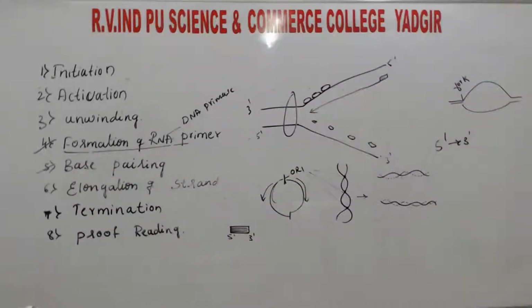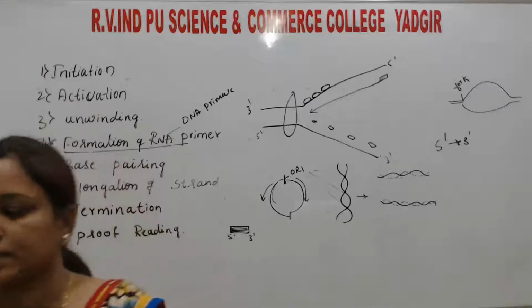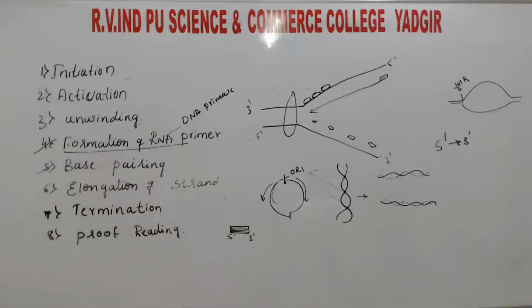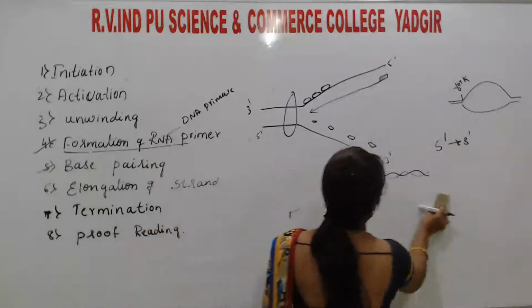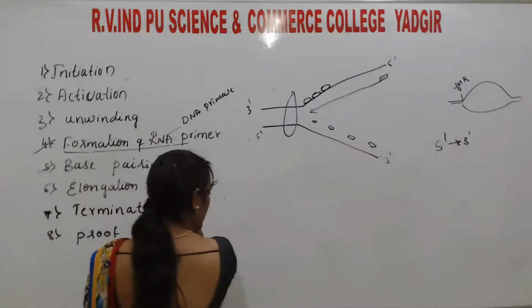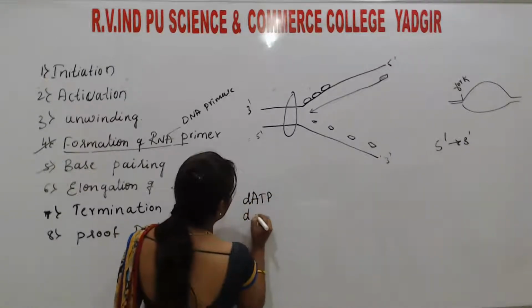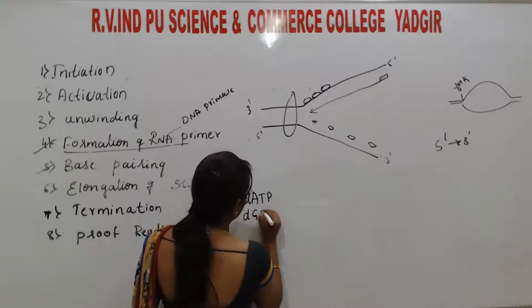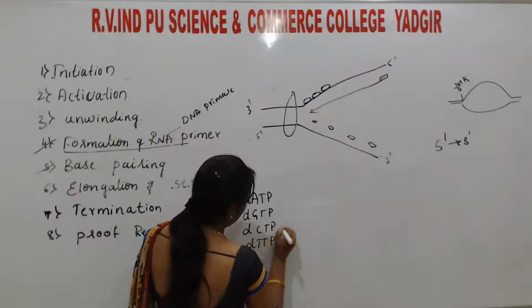So here what happens is the deoxy triphosphates which were present are all converted. Let me write the reaction here. As we know, it was formed with deoxyadenosine triphosphate, deoxyguanosine triphosphate, deoxycytosine triphosphate, and deoxythymine triphosphate.